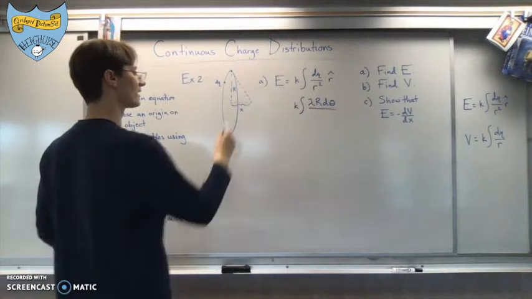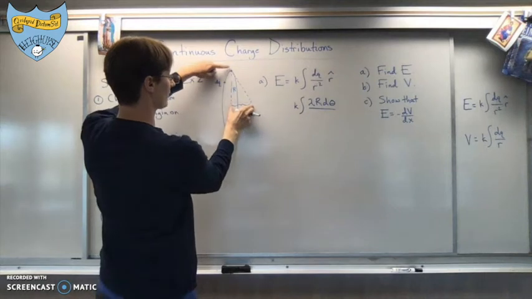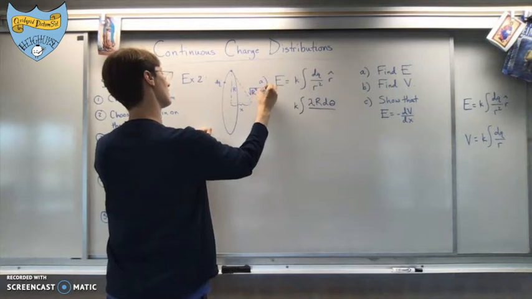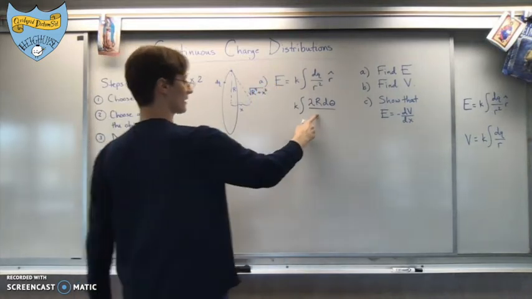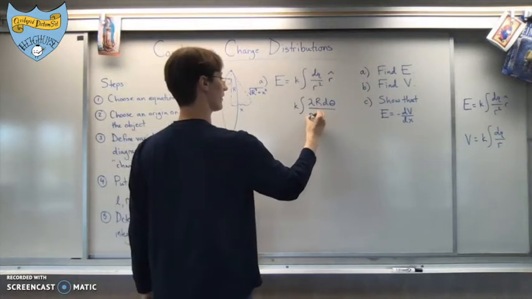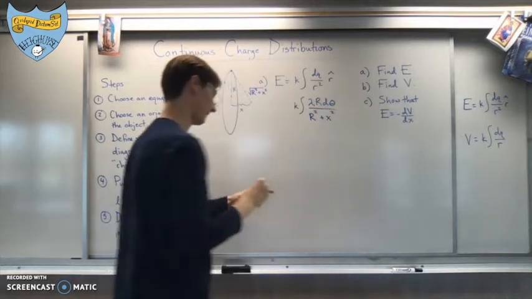Okay, so that r is going to be, well, let's see, based on Pythagorean theorem, the square root of r squared plus x squared. Okay, so I'll put that in down here, and of course, since it's getting squared, the square root will go away, and we've got that.